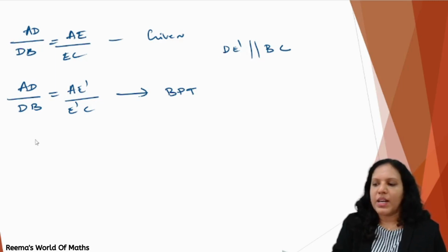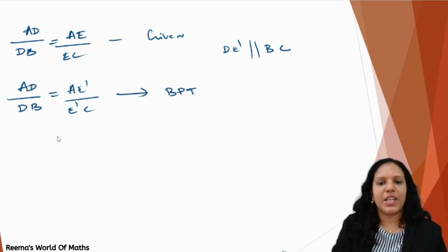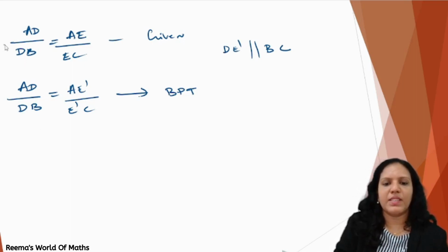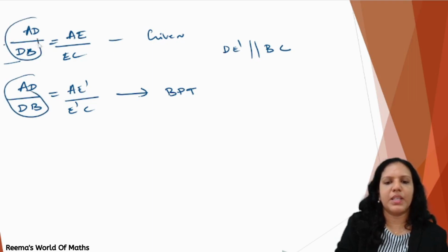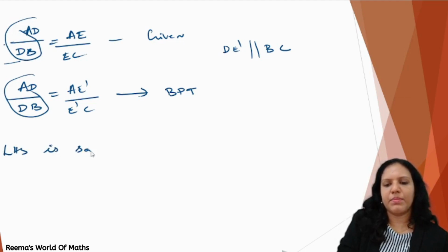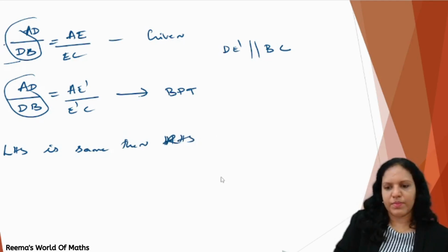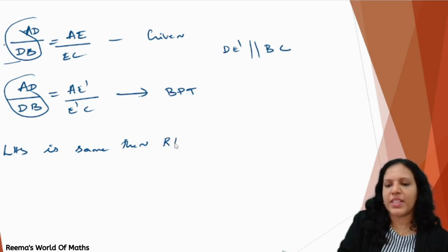Now we can see both the left hand sides are the same. AD by DB and AD by DB are the same. So if LHS is the same, then the right hand side will also be the same.